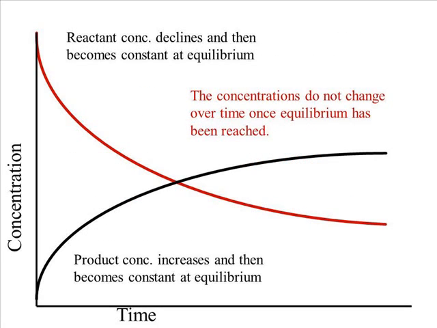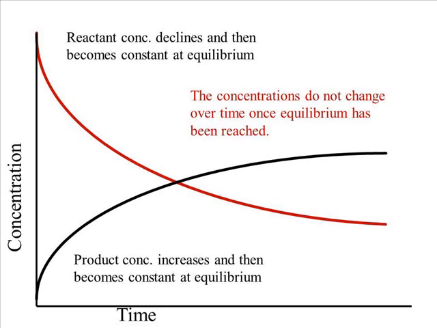So notice the graph. If you start with only reactants, the reactant concentration is going to decline and the product concentration is going to increase until over time you have no net change in the ratio of reactants to products.